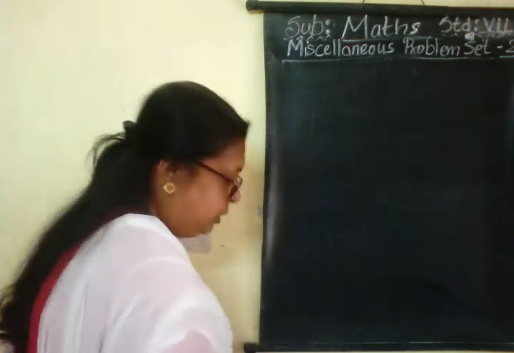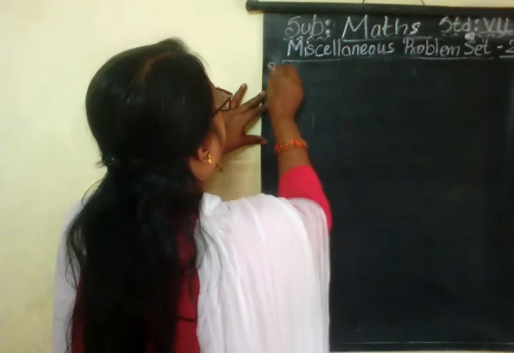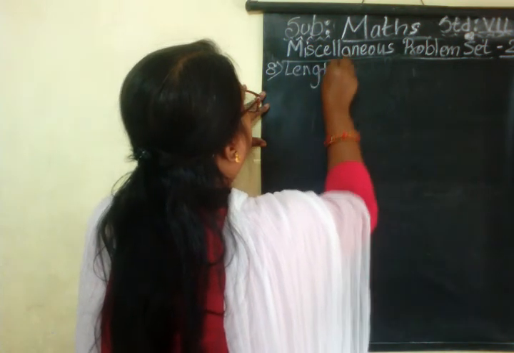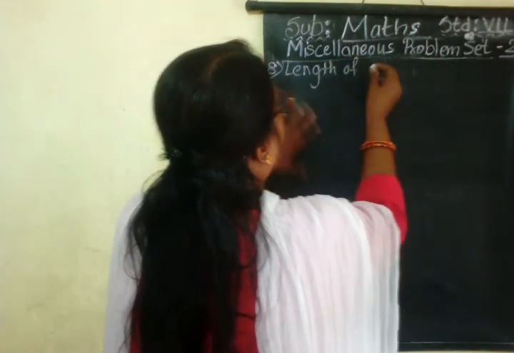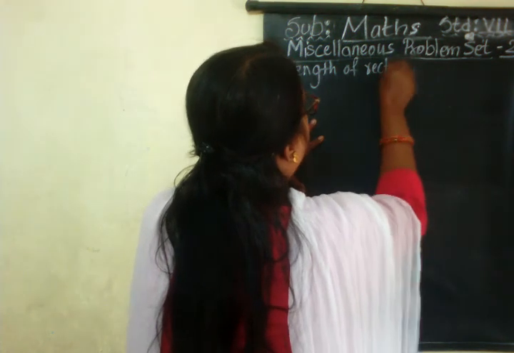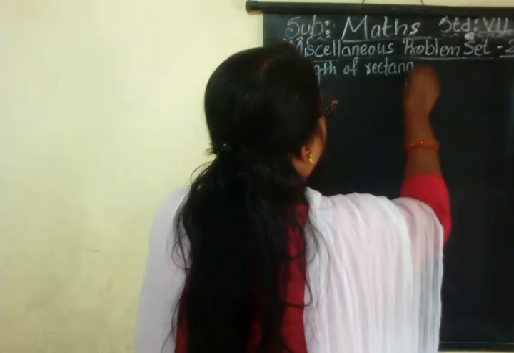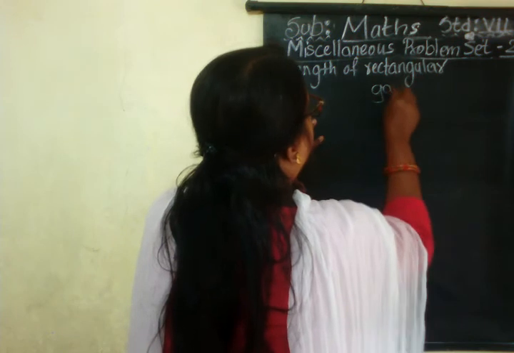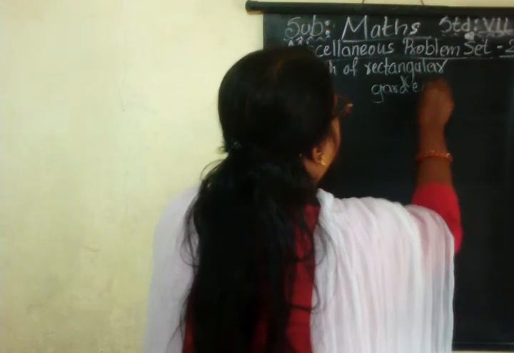Okay. First we'll write the given thing. Sum number 8. Length of rectangular garden is equal to, how much it is given? 40 meter.